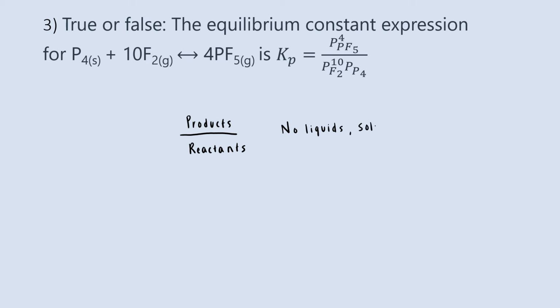So now if we refer to the Kp expression given to us in the problem, we see that the products were written over the reactants, so that checks out. There are no liquids in the chemical reaction, so by default that checks out.